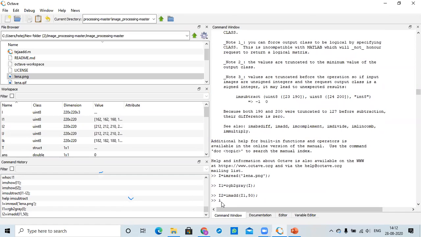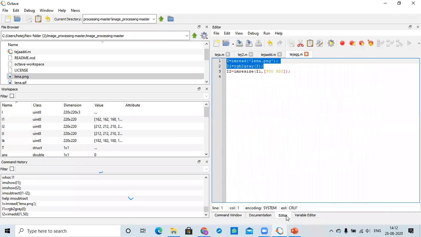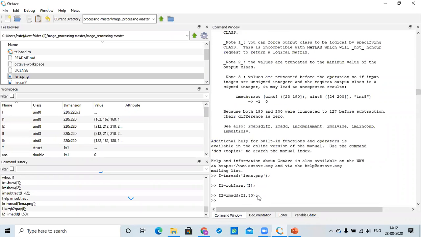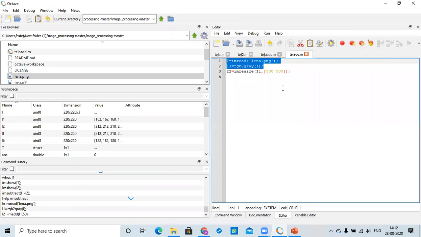So for example, yesterday Vamsi asked a doubt about how to plot these different images in one particular plot. Let us see that one also.